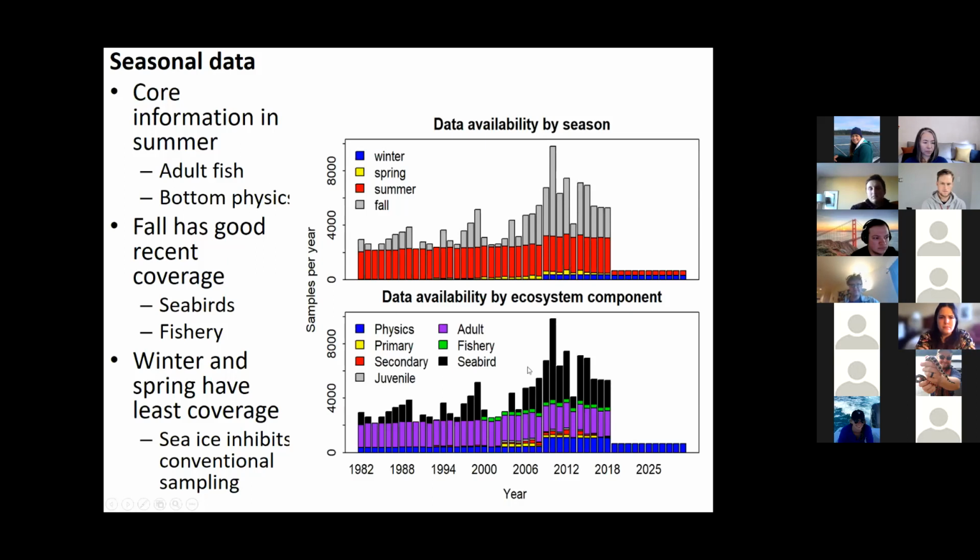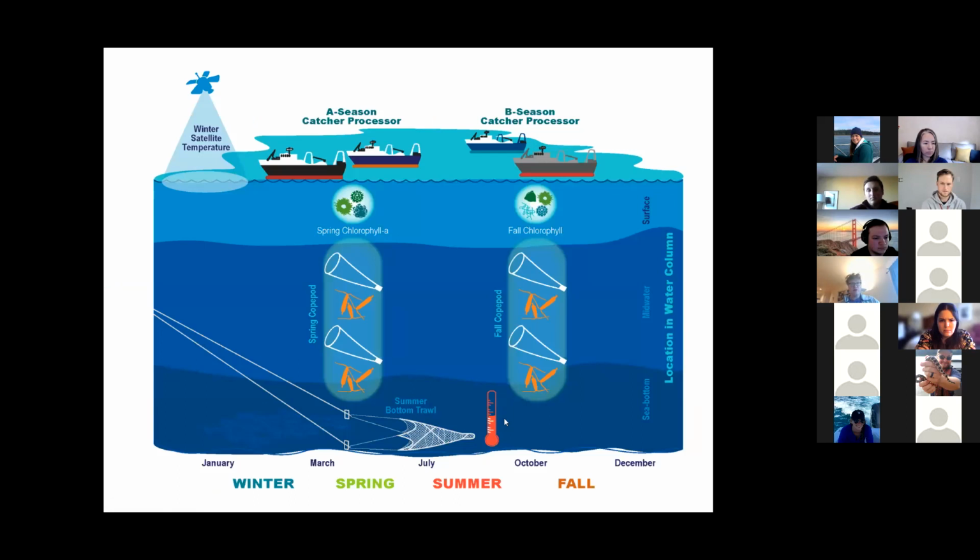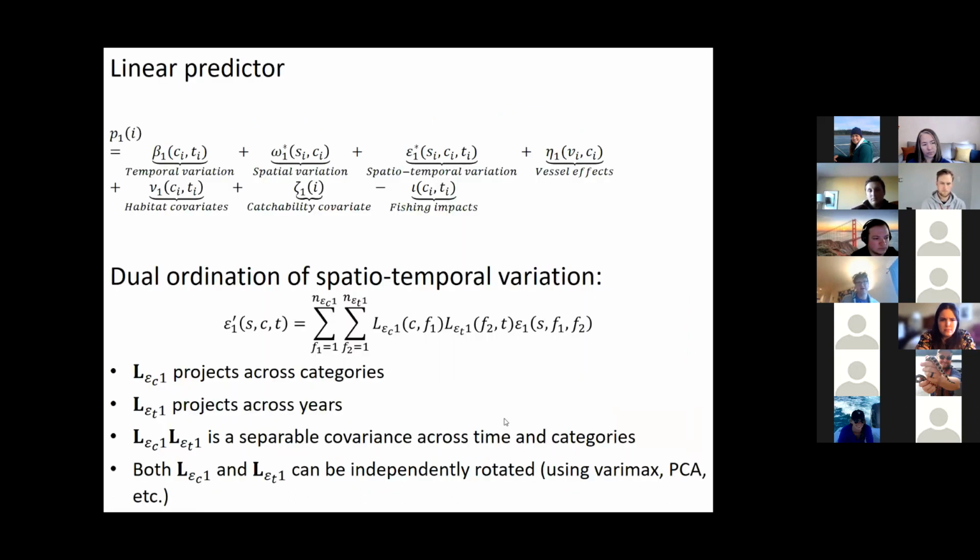And there's also a lot of data for seabirds from opportunistic seabird enthusiasts. We've got different data sets in different seasons, but it's a pretty good vertical, seasonal, spatial coverage.